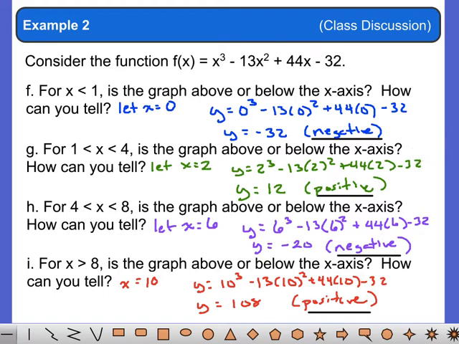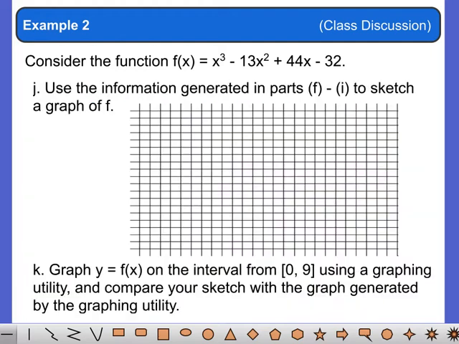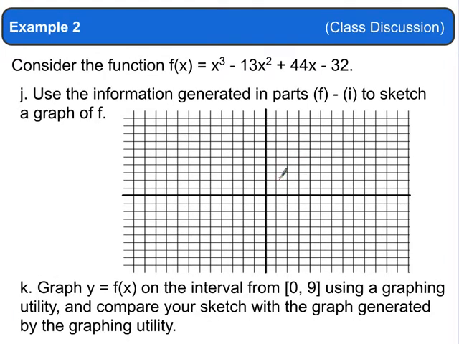For each one, we're going to draw a sketch. So remember, we need an x-axis and a y-axis, so we'll put that on there. Here's an x-axis. Here's a y-axis. And we had things at what? 1, 4, and 8.